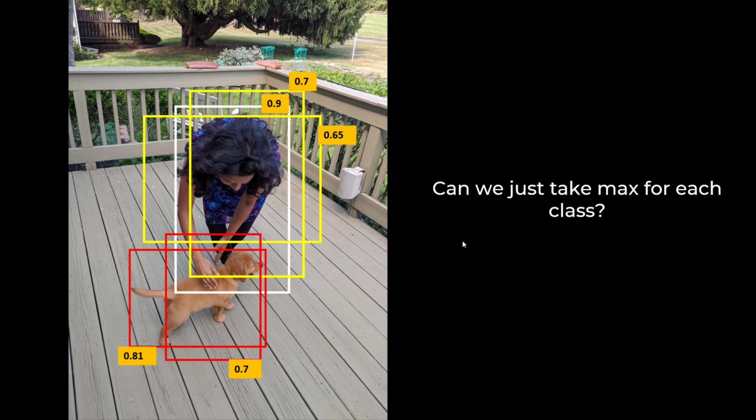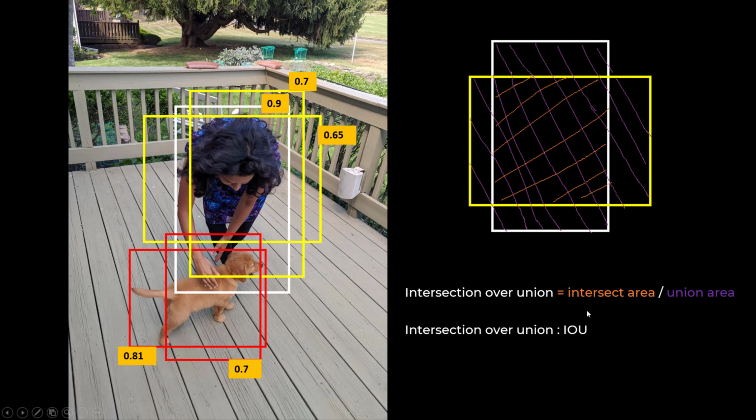So we use this concept of IOU. IOU is basically intersection over union, which is you take this rectangle, which is 0.9, this white rectangle, and then for that same class, which is person, you will take all other rectangles and try to find overlapping area. And to find overlapping area, you use IOU.